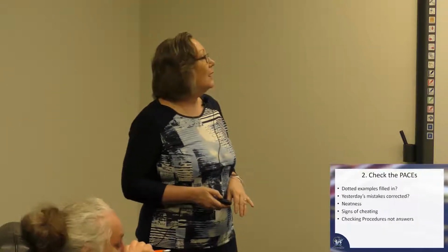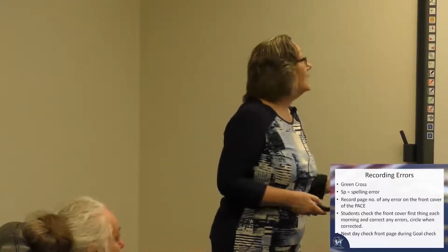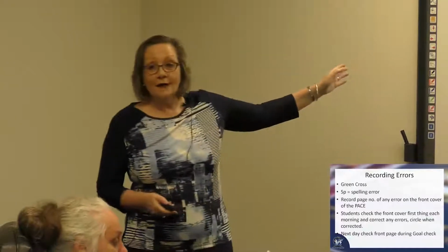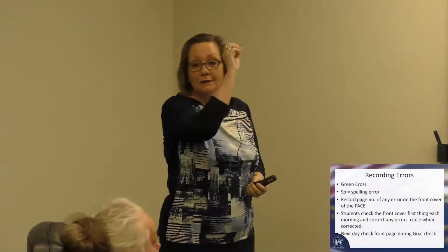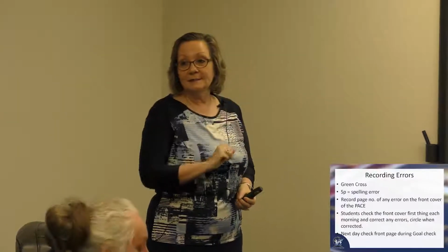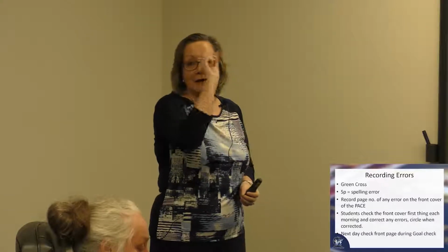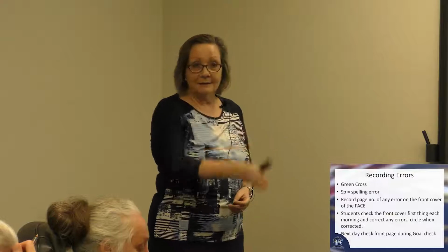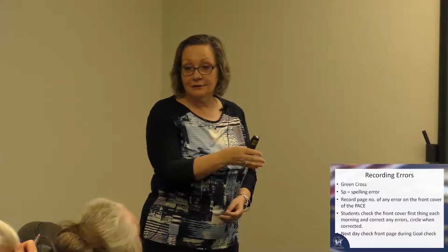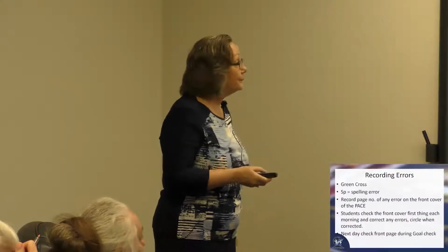Okay, now recording errors in the student's pace. If you find errors, if you find things that are not done, put a green cross next to something to say this hasn't been completed, and an SP next to a spelling error, again down that side of the page next to the question number.